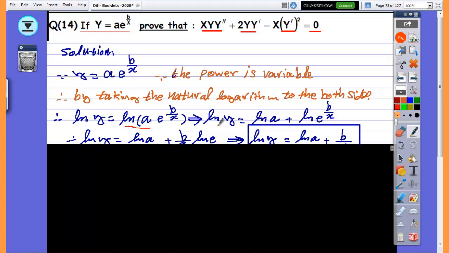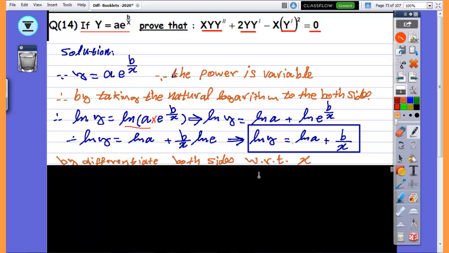So ln y equals, here we have the product of a multiply e power b over x. So ln y equals ln a plus ln e power b over x. And then ln y equals ln a plus, here we have the power of e is b over x, we can put it outside the logarithm.